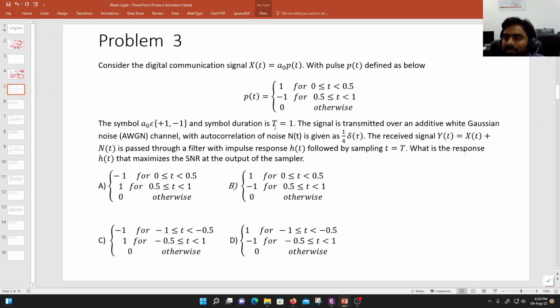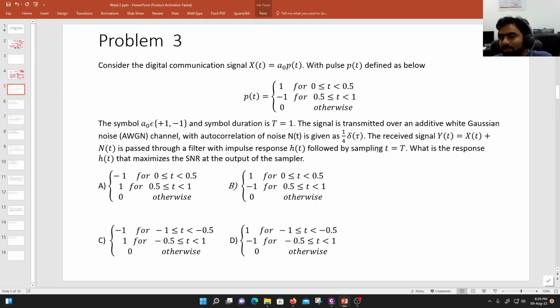Now the signal is transmitted over an additive white Gaussian noise AWGN channel with autocorrelation of the noise n(t) given as 1 by 4 delta(t), and the received signal is y(t) equal to x(t) plus n(t), passed through a filter with impulse response h(t) followed by sampling.